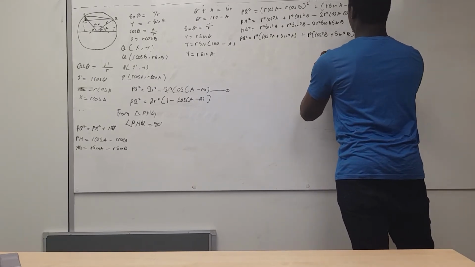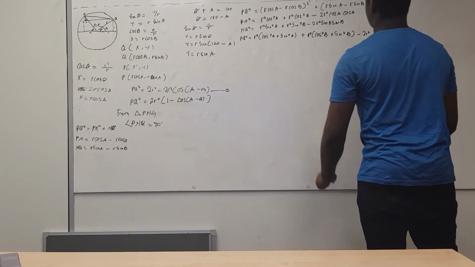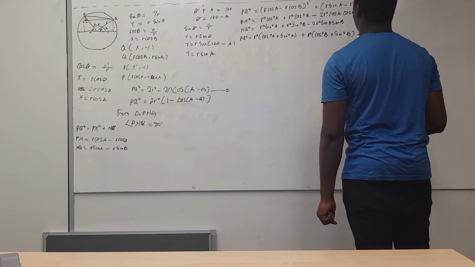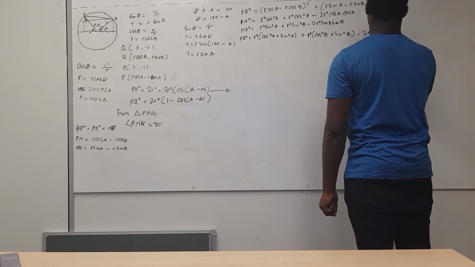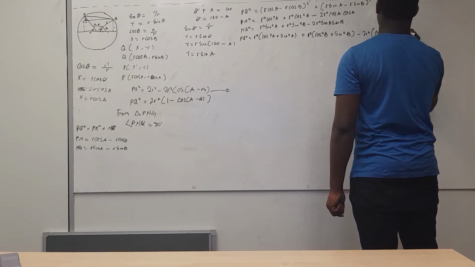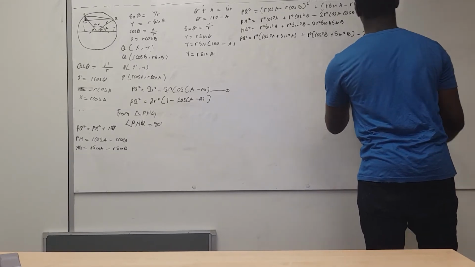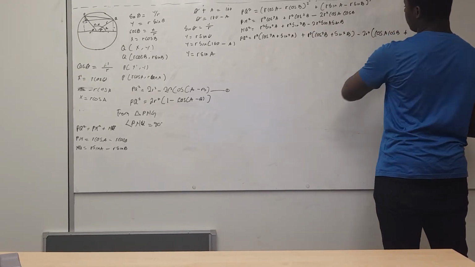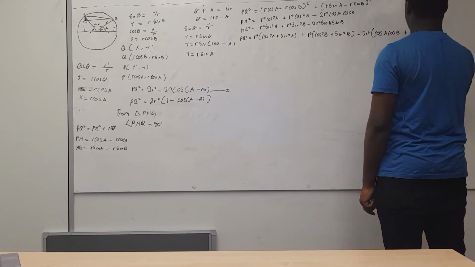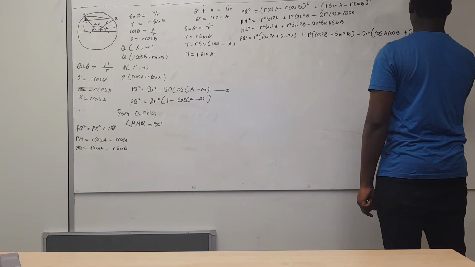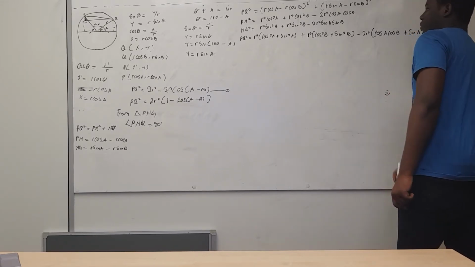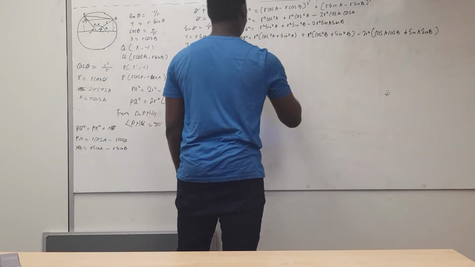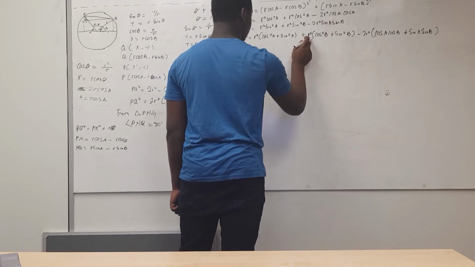minus 2r squared cos A cos B plus, actually it's going to be plus, because if you distribute it's going to be minus as well, so you have to put a plus here, so this becomes minus sine A sine B. So we know this is simply r squared plus r squared, this is 1.